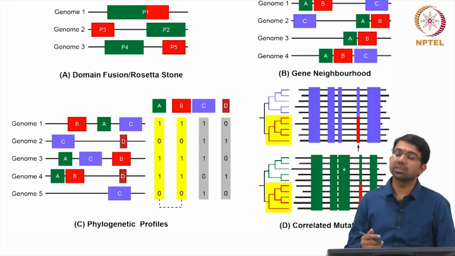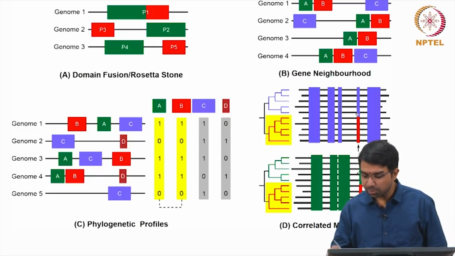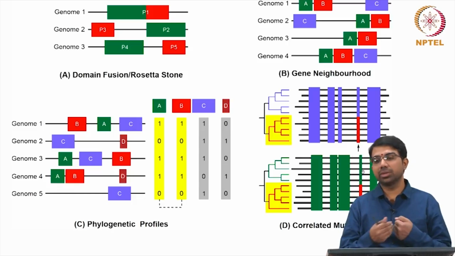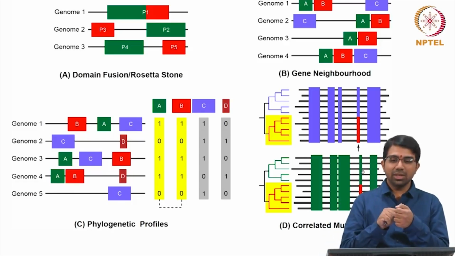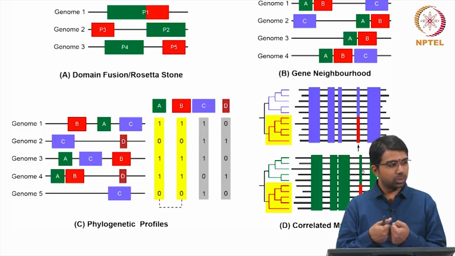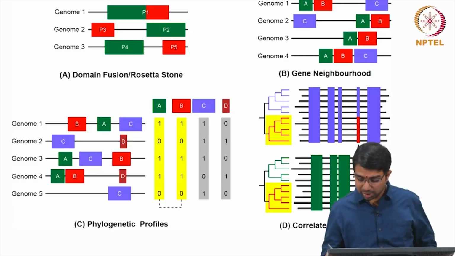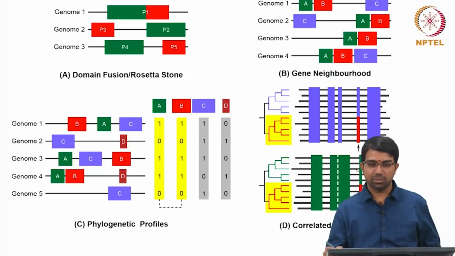So, the assumption is whenever this protein makes a small change, this protein makes a corresponding change so that it can continue to interact. So, it is like the lock and key. Whenever there is a small change in the lock, the key adapts to the lock, right, so to speak. So, you have correlated mutations that happen in 2 conserved families of proteins.